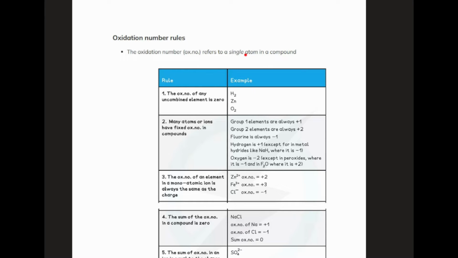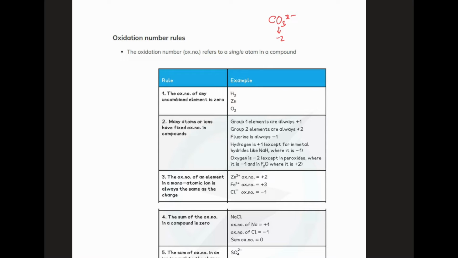For example, with the example just now, CO3 2 minus, when we talk about the oxidation number of oxygen, we must refer to one oxygen. For one oxygen, the oxidation number is minus 2.